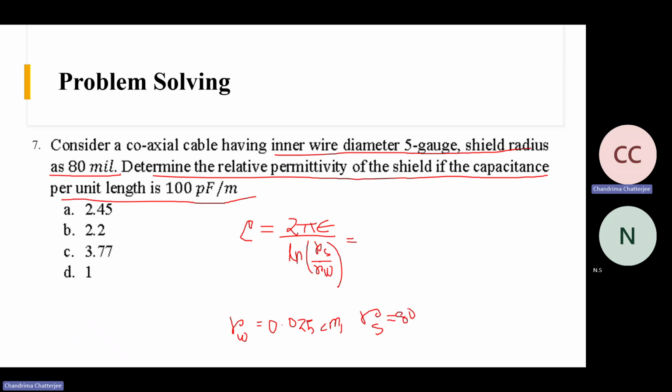To convert it to centimeter, again, the units should be the same.